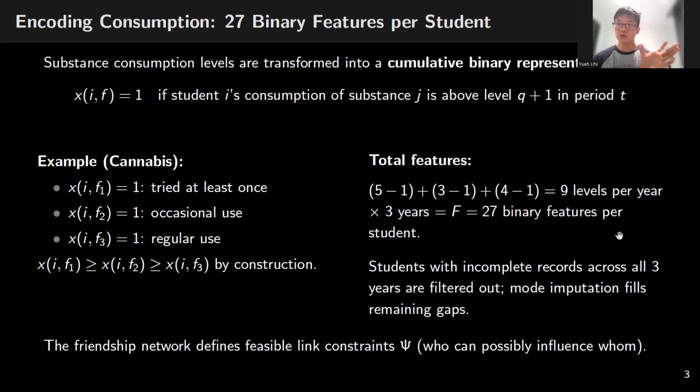So the feature returns 1 if the consumption is above a certain level in that period. We got the left-hand side as an example. Different features correspond to cannabis consumption, encoding at least some frequency of use of those substances, which means once we did this transformation, we'll get more features than the original features in the data set.